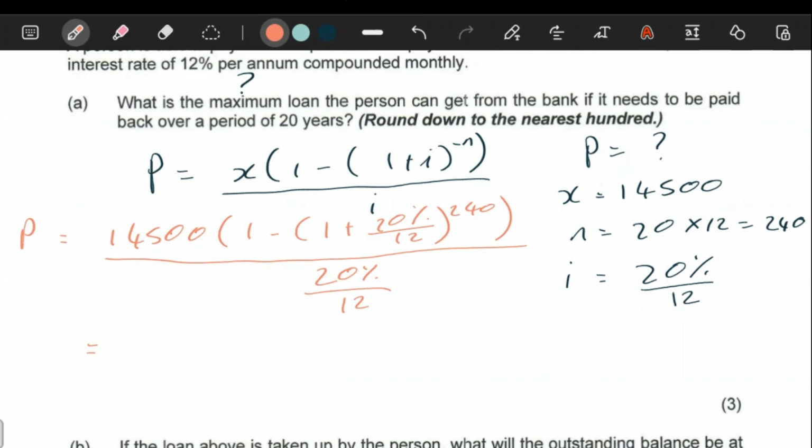So this here, you have to make sure that in your calculator, don't forget to put this with a negative exponent. So all this being done, you're going to get 853,531.31. That's what your P-value is going to be. Yo, it's a huge loan, but the interest rate is also crazy.